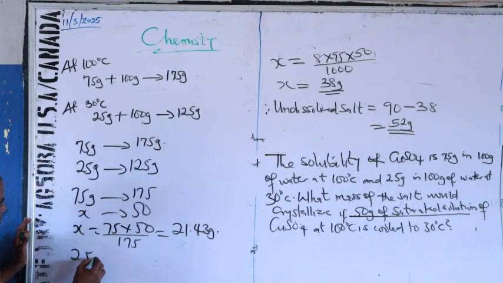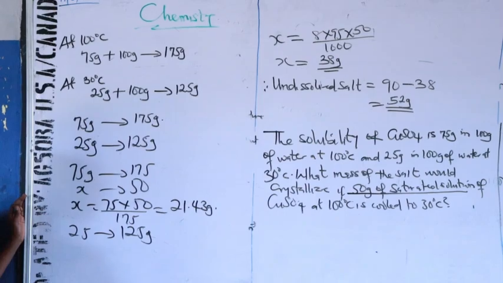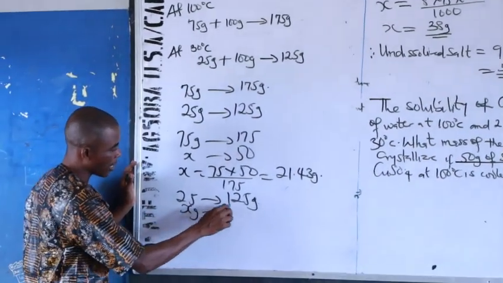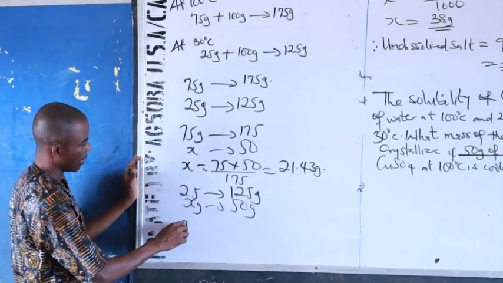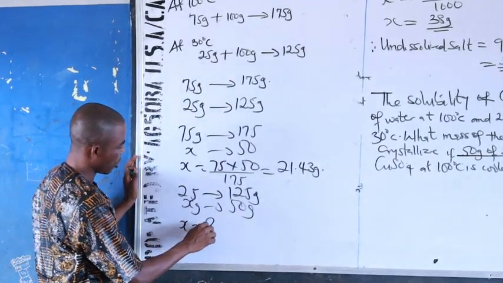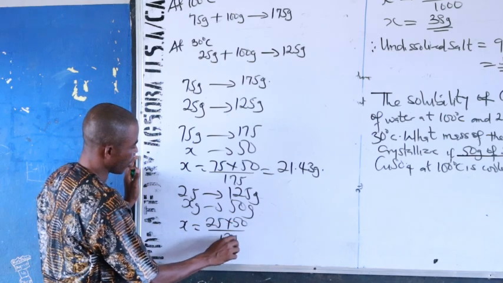Now, if 25 grams of the solute is present in 125 grams of the solution, that's at 30 degrees centigrade, how many grams of the solute will be present in 50 grams of the solution? Then S is equal to 25 times 50 divided by 125.